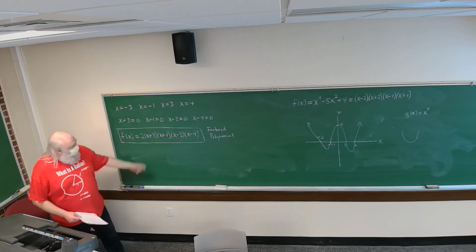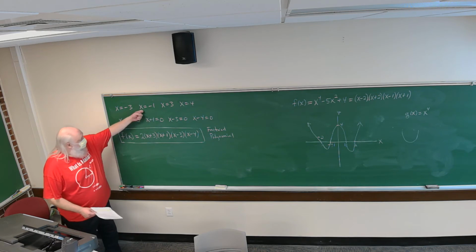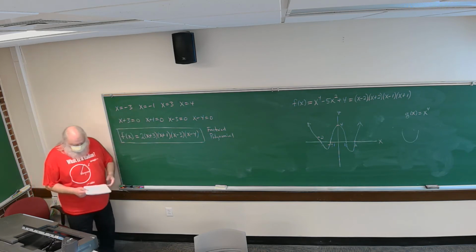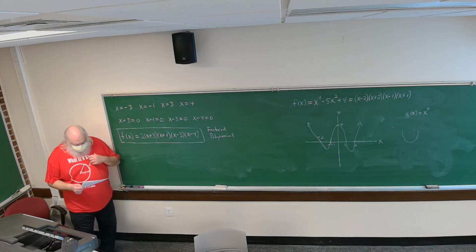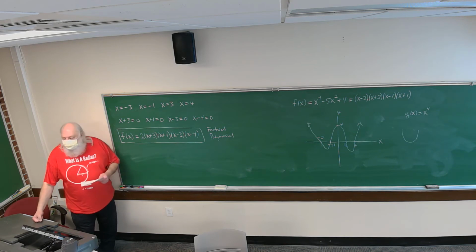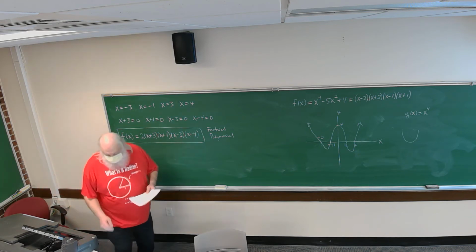You set all those factors equal to 0 and solve for x, you get the 4 x-intercepts, or the 4 zeros. Okay. Any questions? Deductive reasoning. Okay? That's all it is. Deductive reasoning. Okay. Any questions on that?